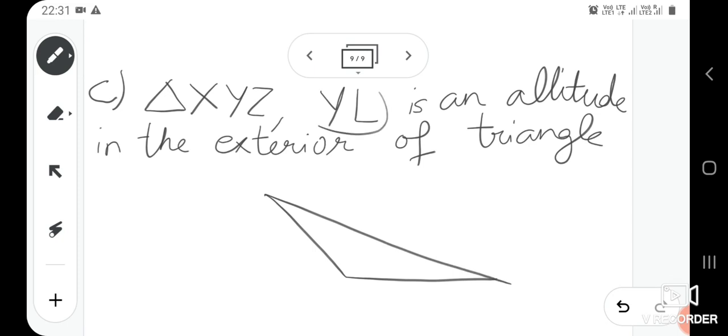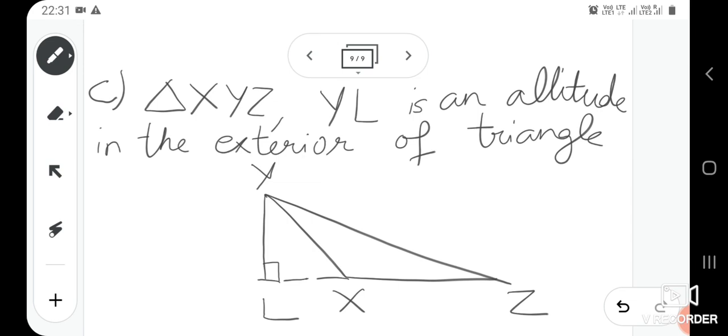Now they said YL is an altitude, so we will write here Y, then only we can draw here dotted line L, then only we can draw altitude here. So I will write Y on the top, X here and Z here. Now if I extend this line, then I can draw here altitude and give it name YL. So in case of obtuse angle triangle, we have YL an altitude in the exterior.